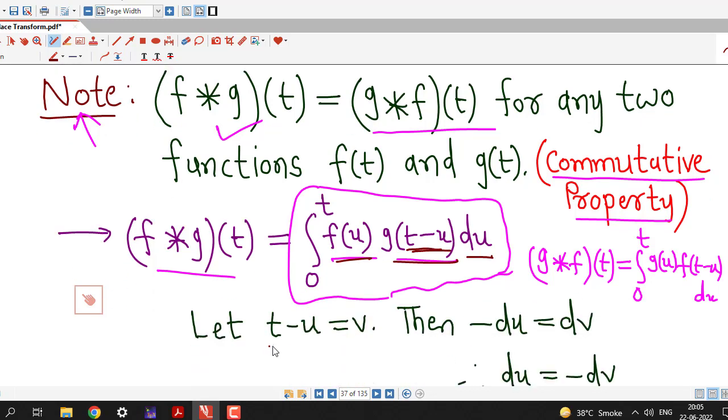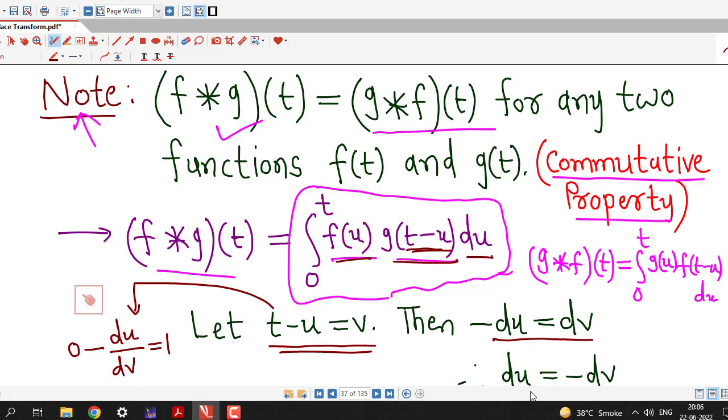So let t minus u equal to v, and if we differentiate both sides with respect to v, we consider t as constant and the derivative of u with respect to v, and the derivative of v is 1. Therefore minus du equal to dv, and therefore du equal to minus dv.